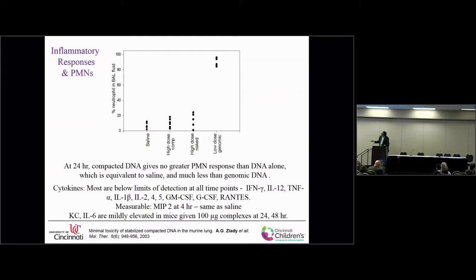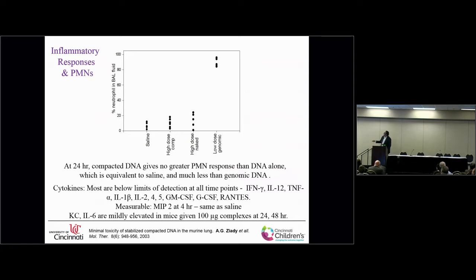The toxicity of the particles is not significantly different from just dosing mice with saline alone, even when you use a high dose of DNA, 100 micrograms down into the lung of the mice, as compared to using a low dose of genomic DNA that's not compacted.